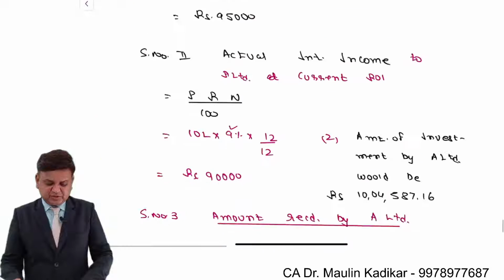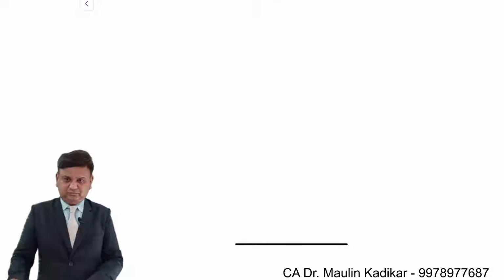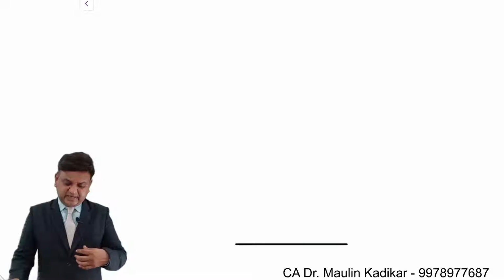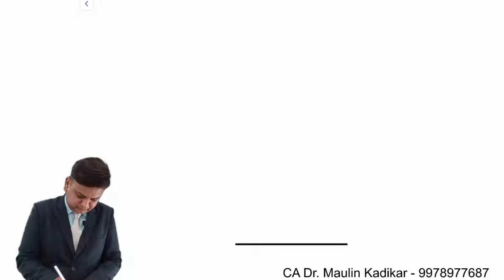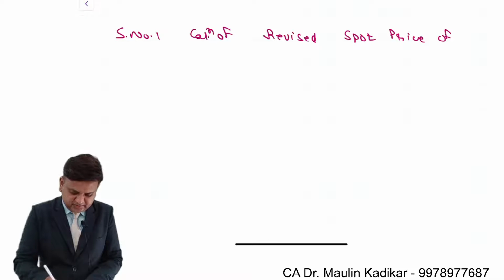We will make the computation of the premium amount something like this. Friends, over here we will make the computation of the answer in this way. Don't write anything. Step number 1 will be calculation of revised spot price of equity share.